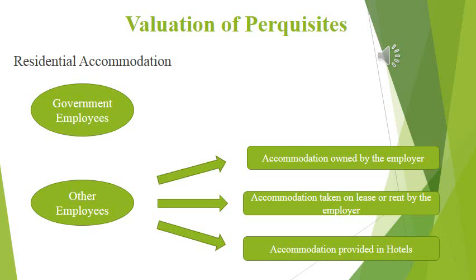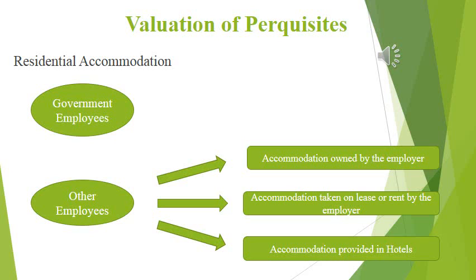Other employees are again divided into three situations. First, accommodation owned by the employer, where the house is owned by the employer and provided to the employee. Second, accommodation taken on lease or rent by the employer and provided to the employee at free of cost.